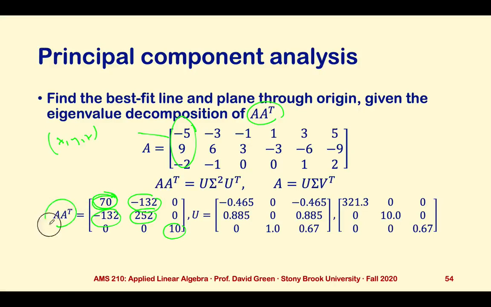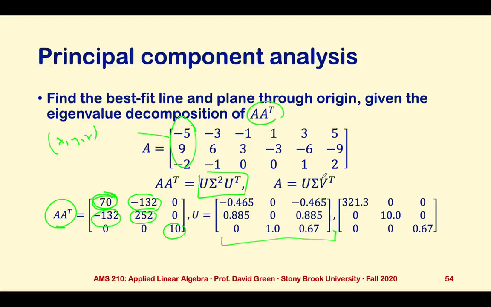With this AA transpose, we have an eigenvalue decomposition with a U, a set of eigenvalues, which are the same as the squares of the singular values, and a U transpose.